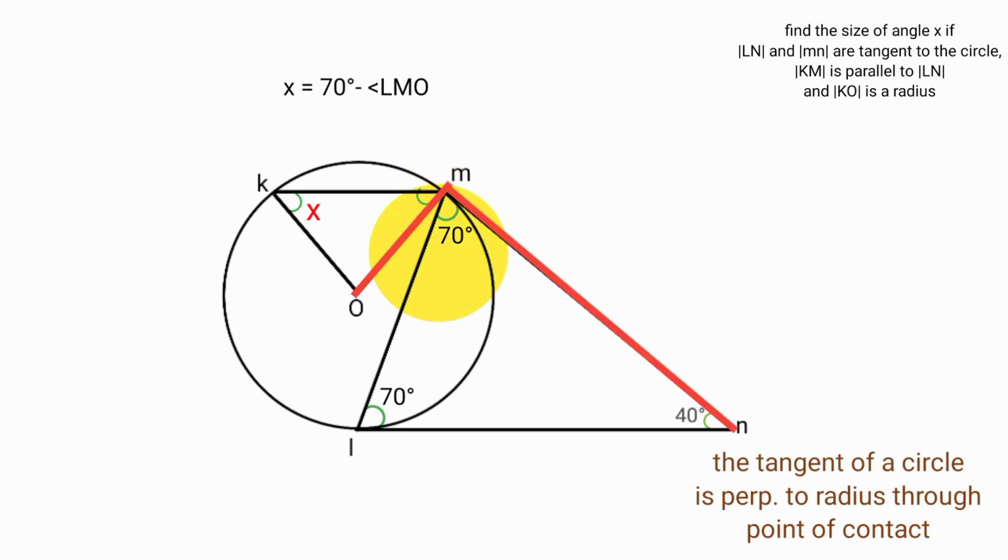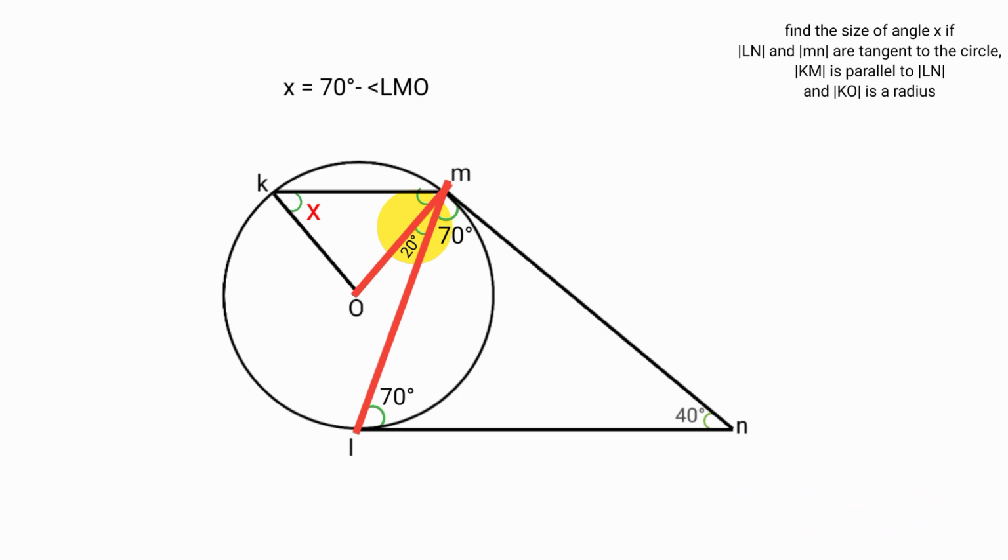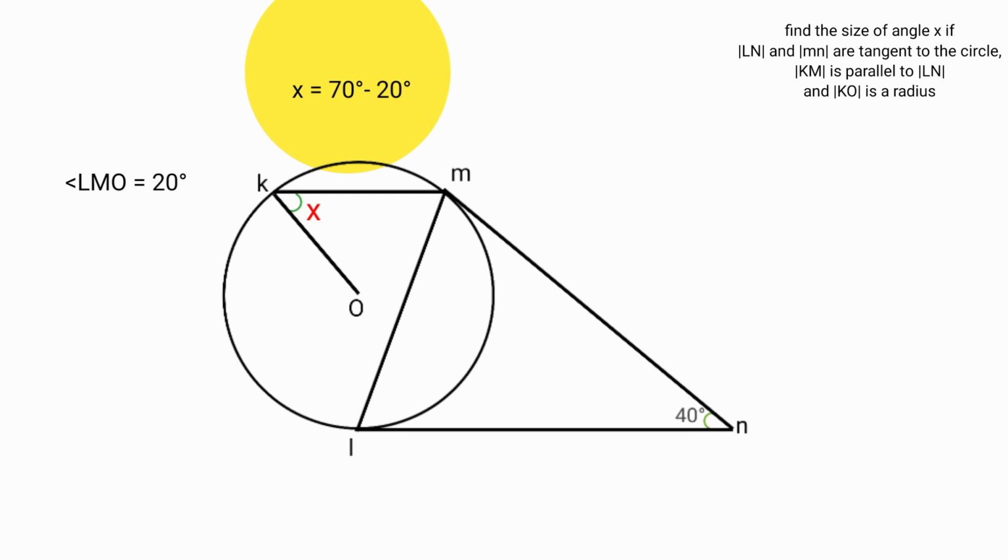So that means this right angle is 90 degrees. But this line LM here has divided the angle into two parts, this and this here. So since this is 70 degrees, this must be 90 degrees minus 70 degrees, which equals 20 degrees. So now we found angle LMO to be 20 degrees. We can substitute it here now to find X. We have X equals 70 degrees minus 20 degrees, which is 50 degrees. So X equals 50 degrees.